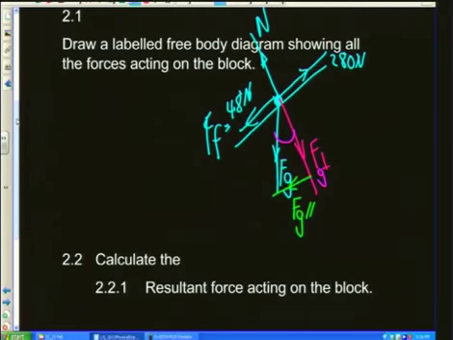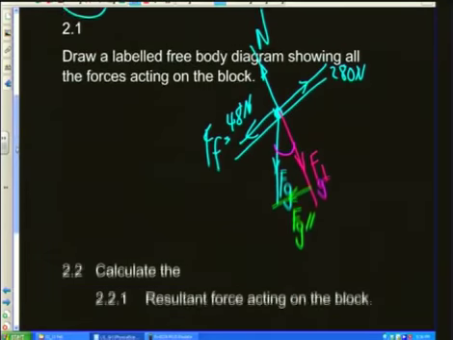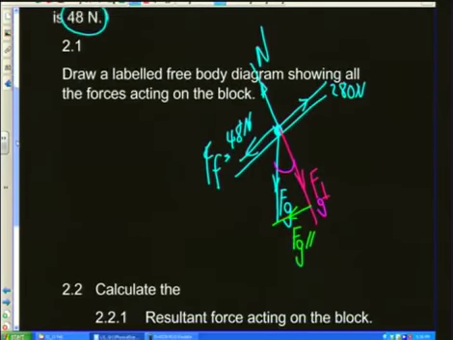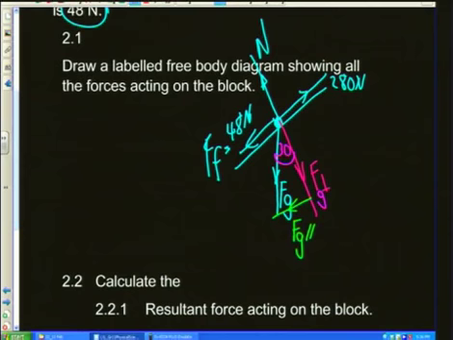How do you do that? We are told that the angle here is 30 degrees. How do we work out Fg parallel? Remember, Fg parallel would be equal to Fg sine angle. And what is that?